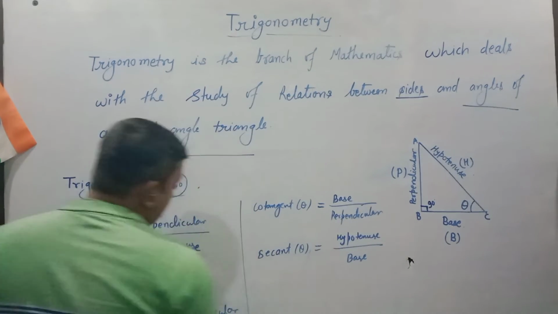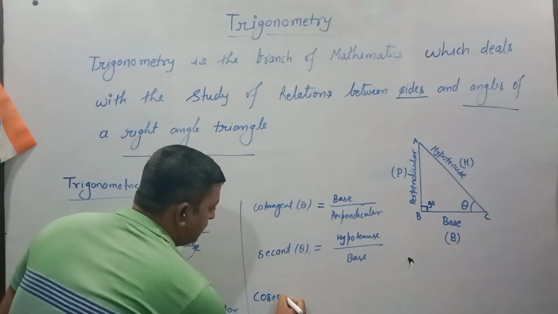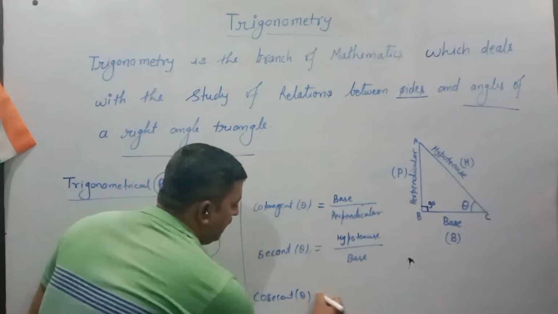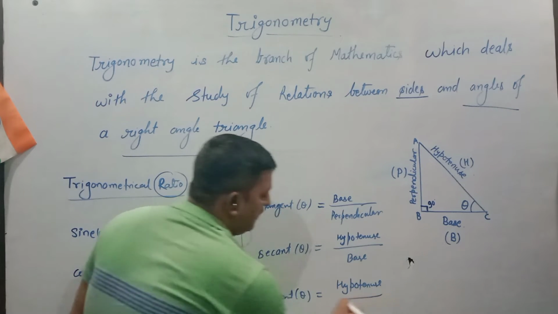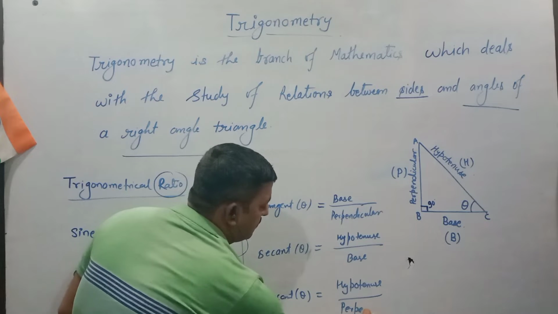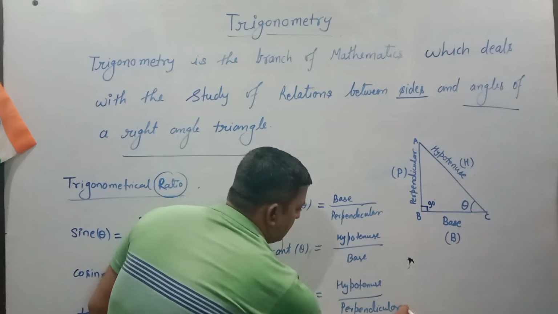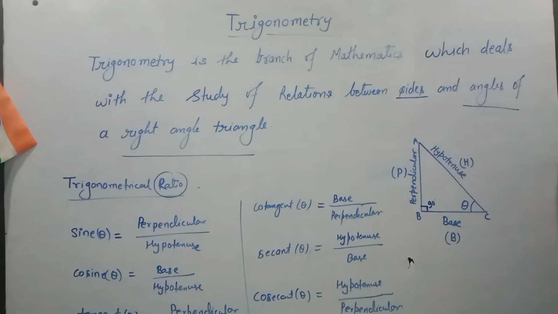And last, cosecant of theta is known as hypotenuse upon perpendicular. Sine theta is written as sin theta, cosine theta in short is cos theta, and tangent theta in short is tan theta.